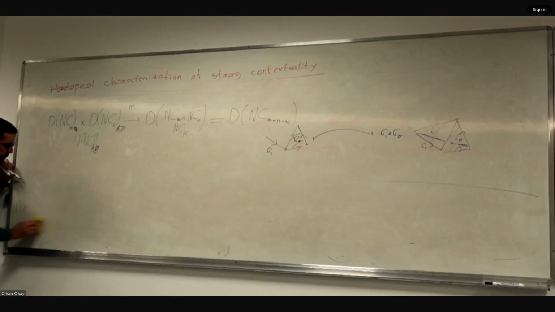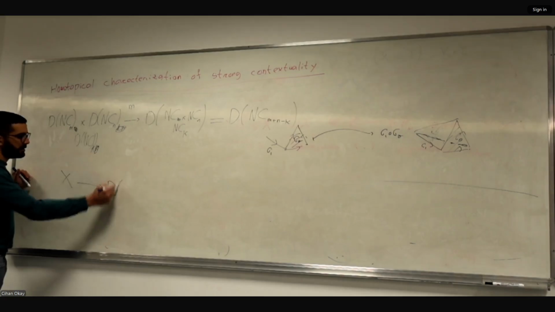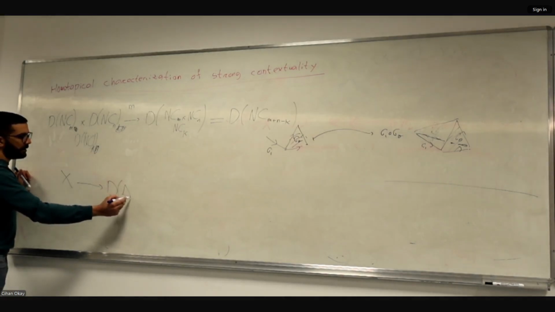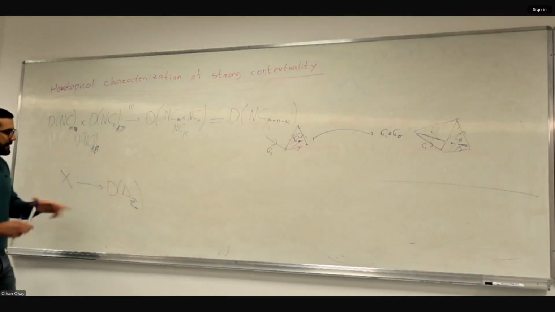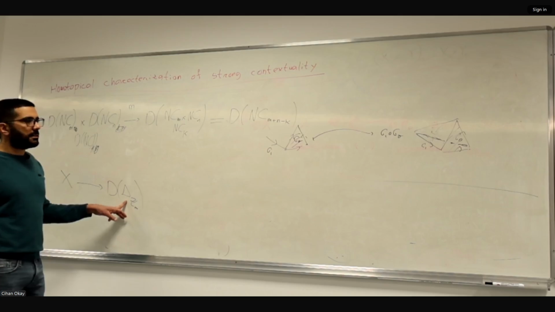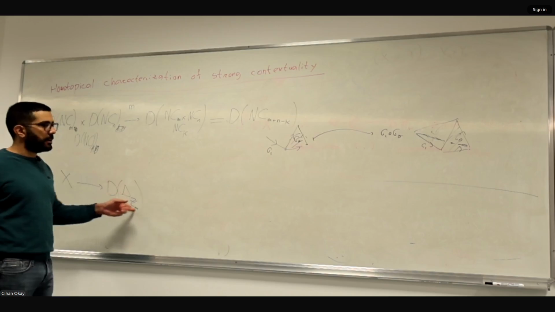So let's go back to this. We were talking about this, right? X one dimensional, and this delta z. For a while this is not a nerve, right? This is not a nerve of a category, but actually, really, it is a nerve of a category.